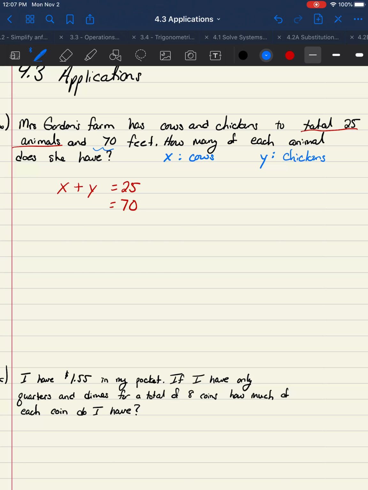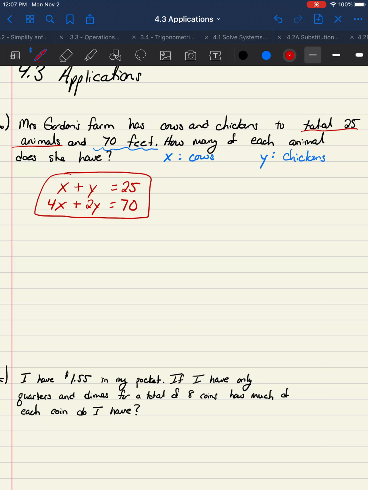Now, the other piece of information I'm told is how many feet they have. Well, hopefully you guys know what a cow and a chicken are. How many feet does each cow have? 4 feet per cow. And how many feet does a chicken have? 2 feet per chicken. This is my system of equations.